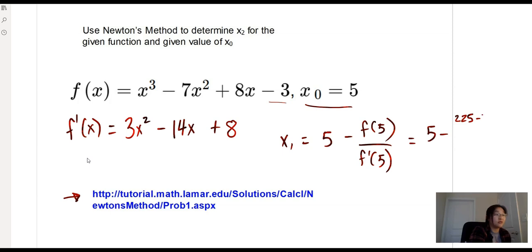That might be wrong. That's okay. Arithmetic is difficult. And then plus 40 minus 3, all over f prime at 5, which is 3 times 25, 75, minus 14 times 5, which is like 70, and then plus 8. I hope that that is all right.